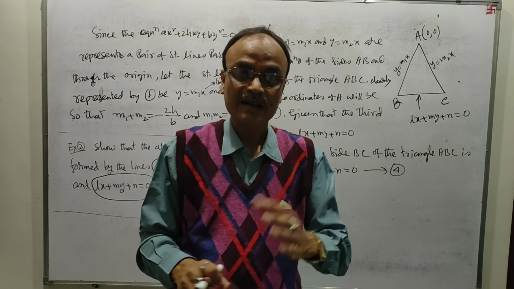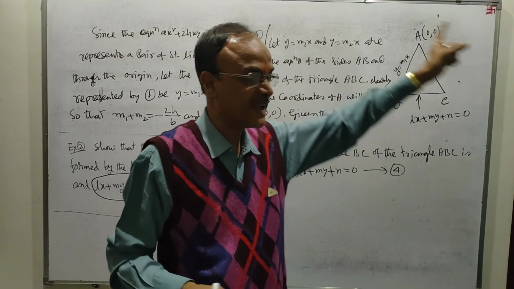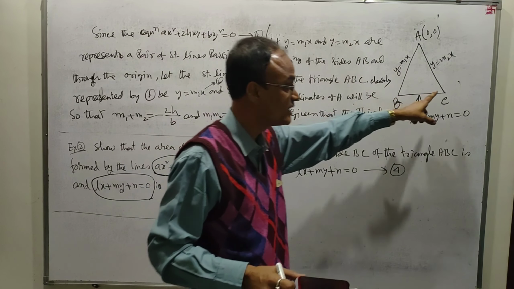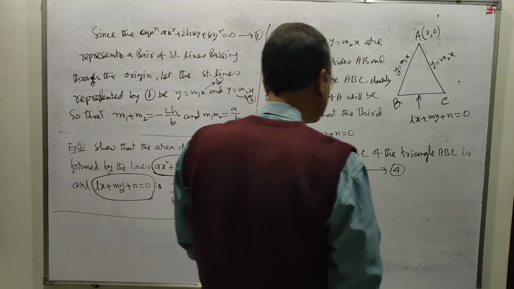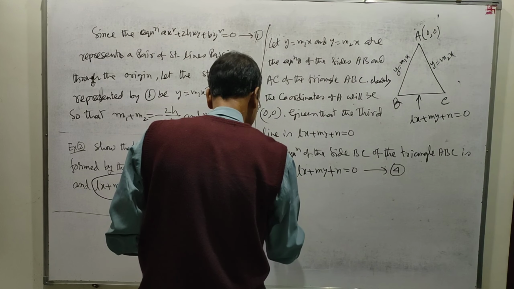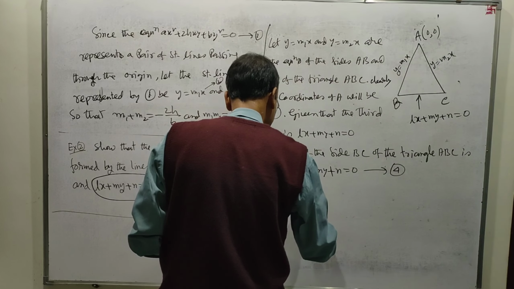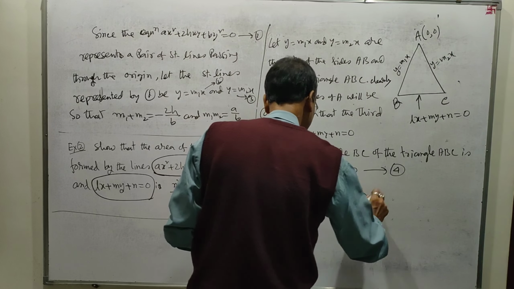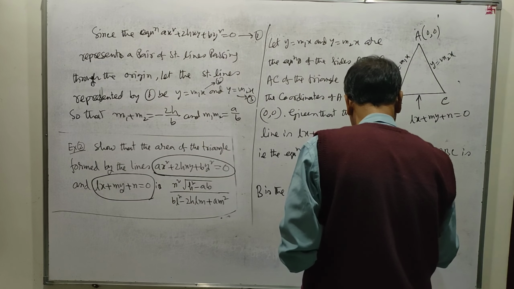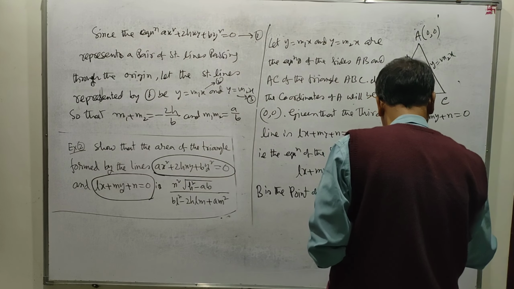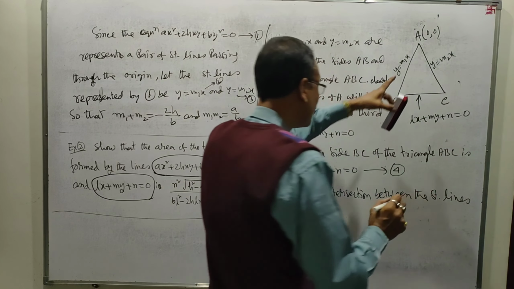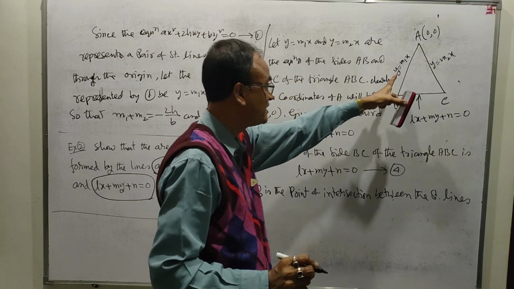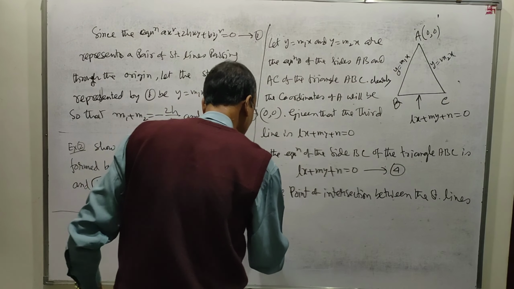Now, the coordinates of A is 0, 0. Find the coordinates of B and the coordinates of C. Now, B is the point of intersection between the straight lines 2 and 4.